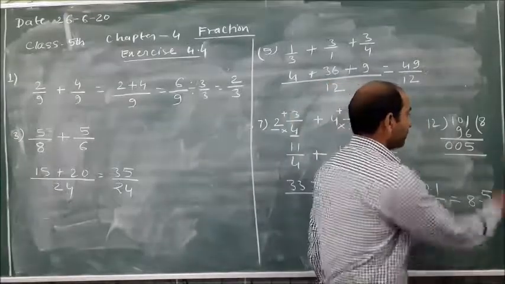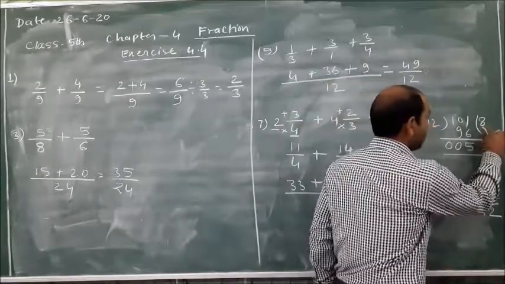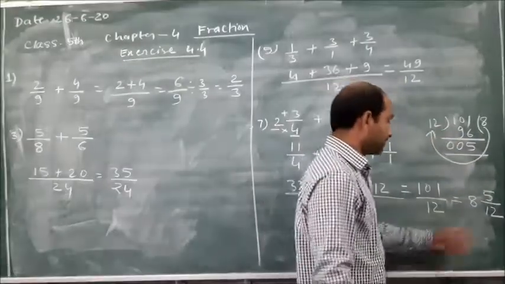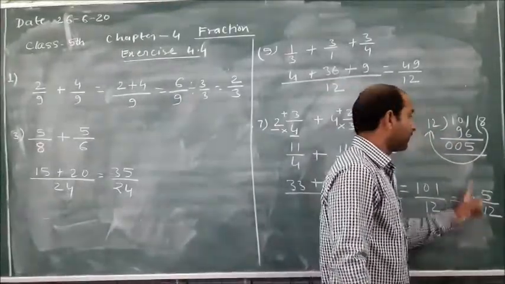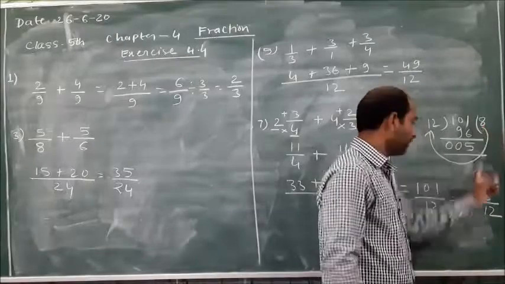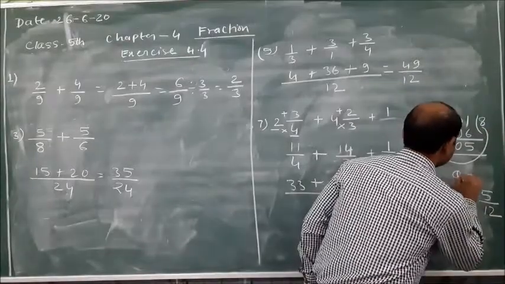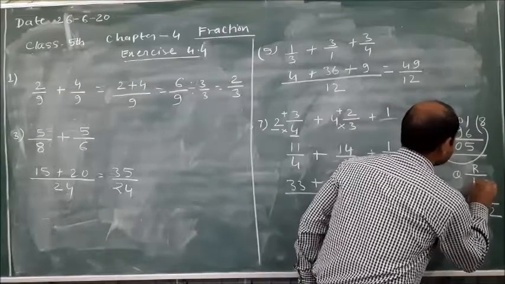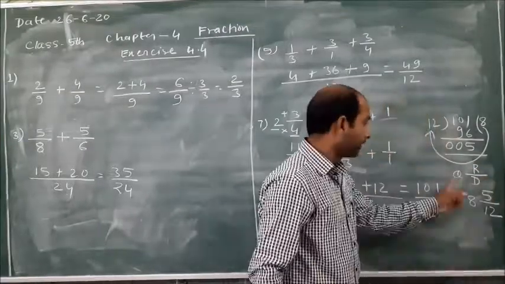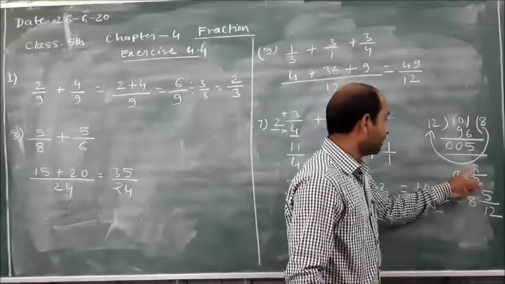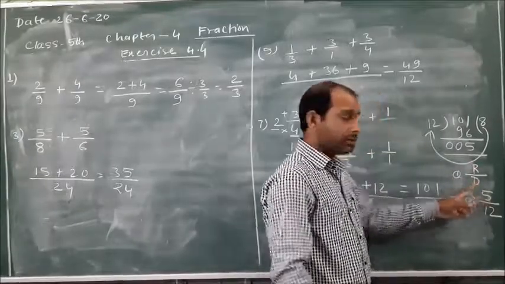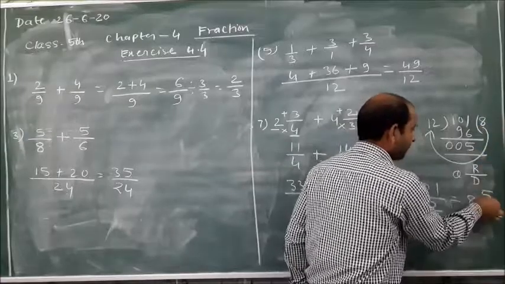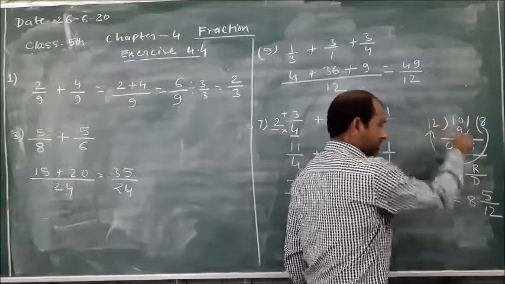So first we write the quotient, then the remainder over the divisor: quotient over remainder upon divisor. So the quotient is 8, the remainder is 5, and the divisor is 12.